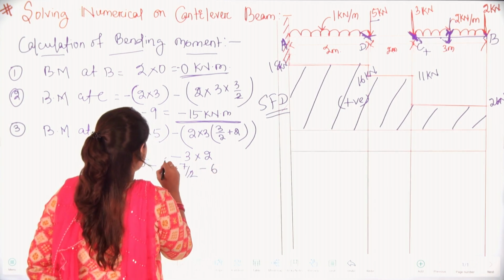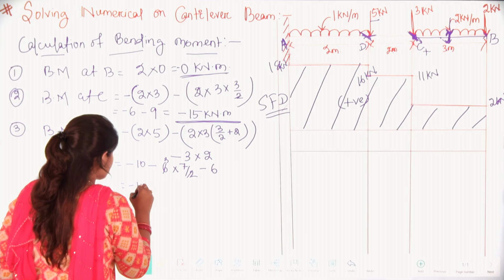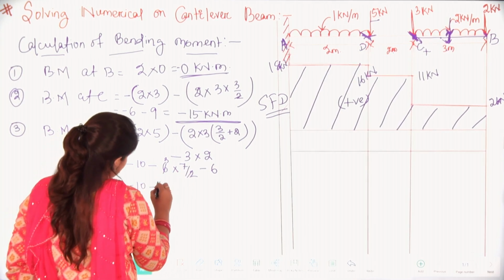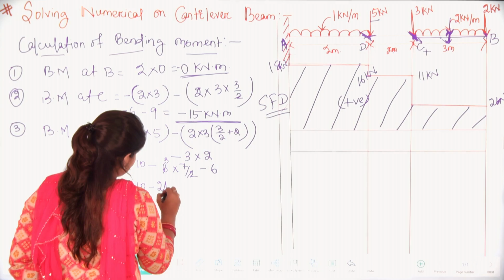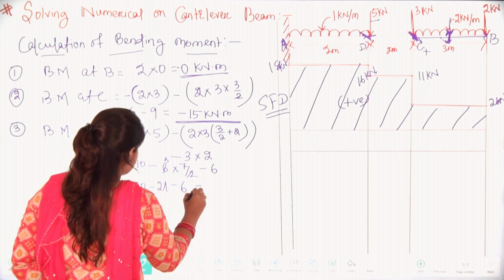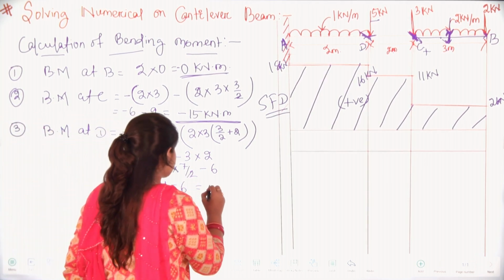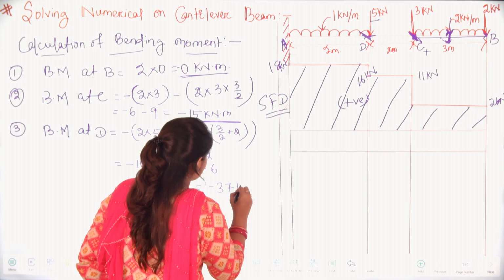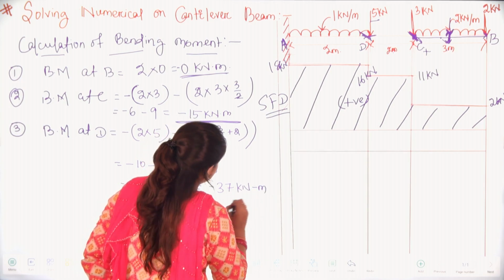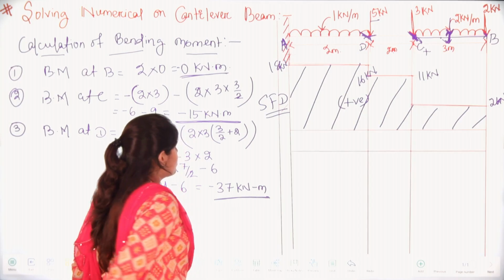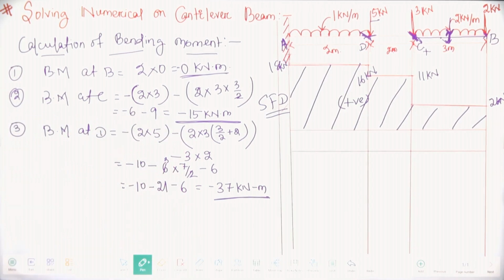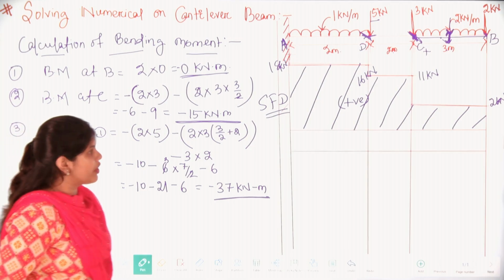So here we will have minus 10 minus 21 minus 6. So minus 21 minus 10 is minus 31, minus 6, that is minus 37 kilonewton meter. So this is your bending moment at point D.